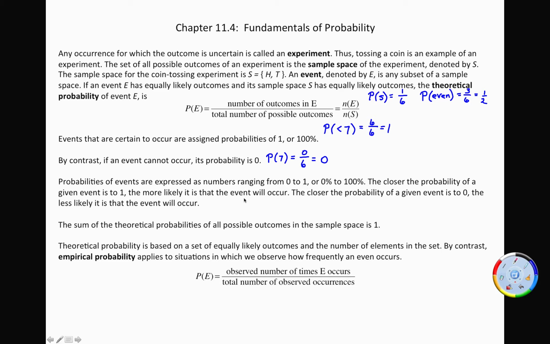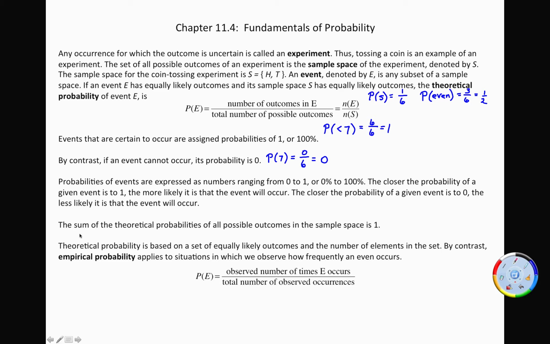The closer the probability of a given event is to 1, the more likely it is that the event will occur. The closer the probability of a given event is to 0, the less likely it is that the event will occur. For example, if the weatherman predicts an 80% chance of rain, it's more likely to rain. If he predicts a 10% chance for rain, it's less likely to rain.